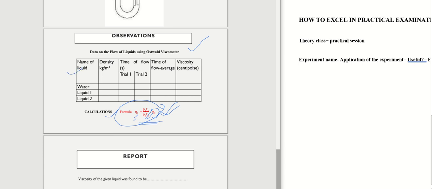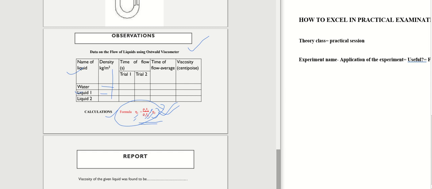If we know the formula and procedure, we can make our own observation table, with the name of the sample, be it water or sample number 1. Next is the density column. What is the density of water? Write down the density of the liquid, or the sample that is given.